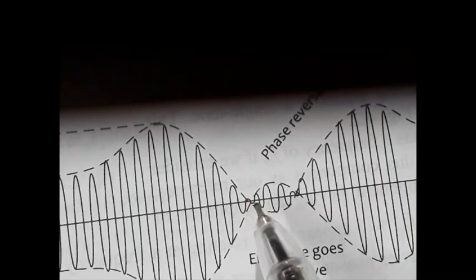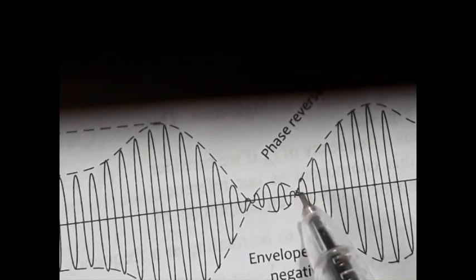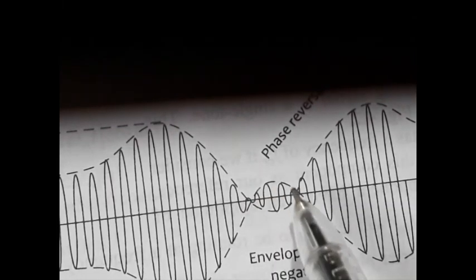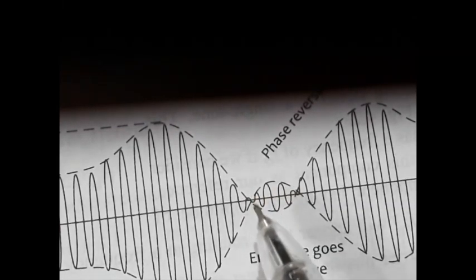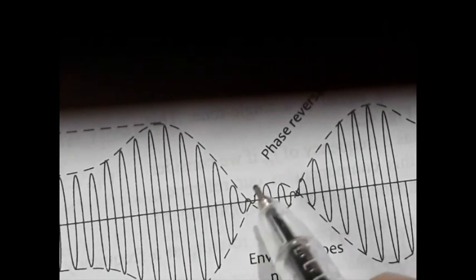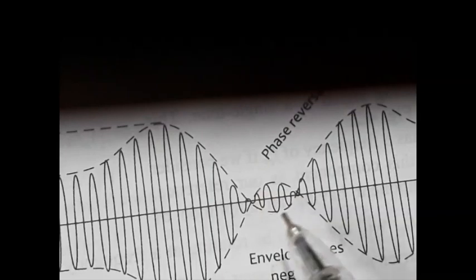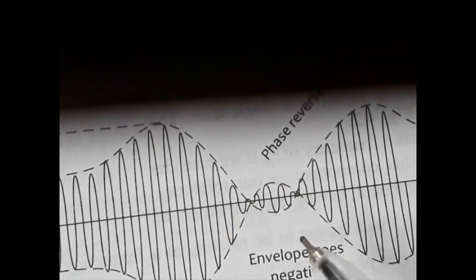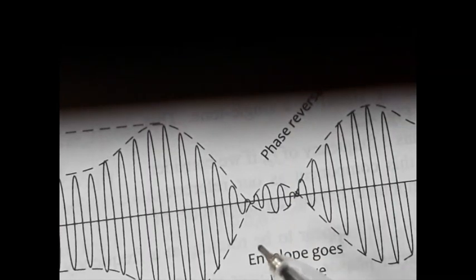So a 180 degree phase reversal will occur at these two crossover points. That will produce distortion, and because of this distortion, we cannot use a low cost or cheap envelope detector to detect this type of signal. That is why modulation index greater than 1 is never used in practice.